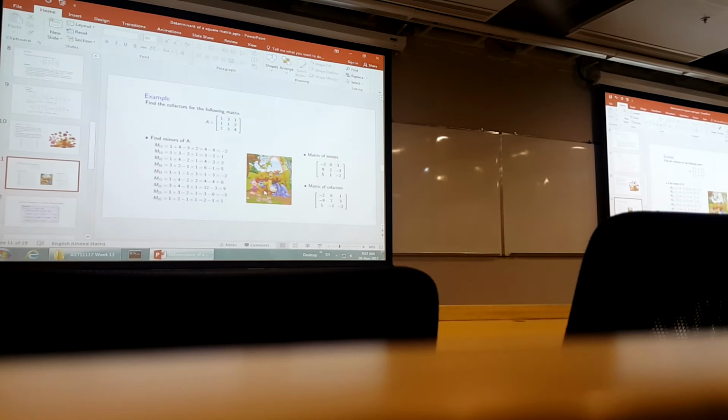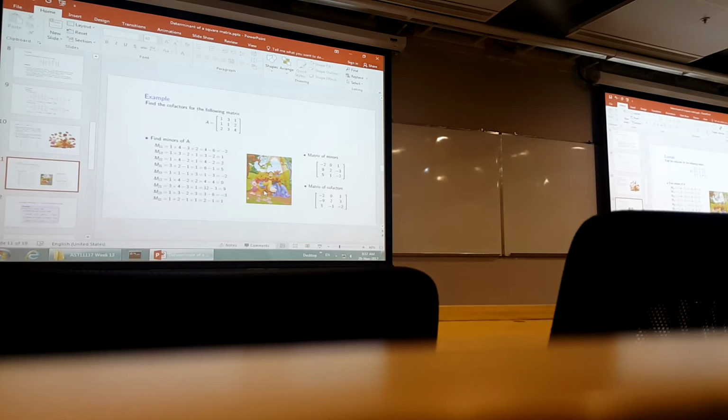And the position is positive, so it is the same as the minor. Relative to this matrix, the matrix of minors is these 9 numbers. The matrix of cofactors is these 9 numbers. Okay. This is the definition of minors and cofactors of a given matrix.